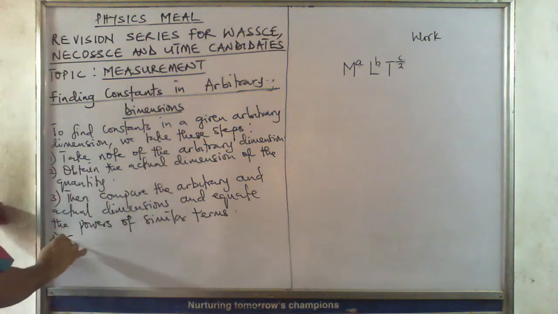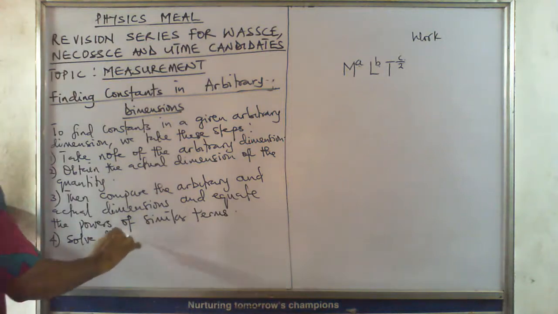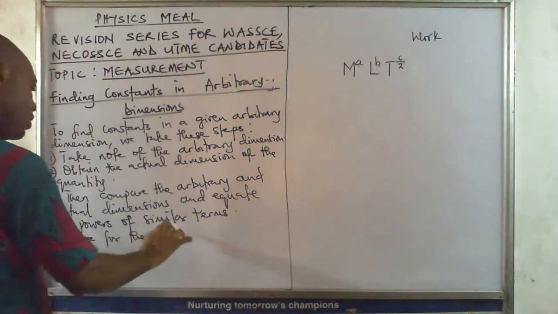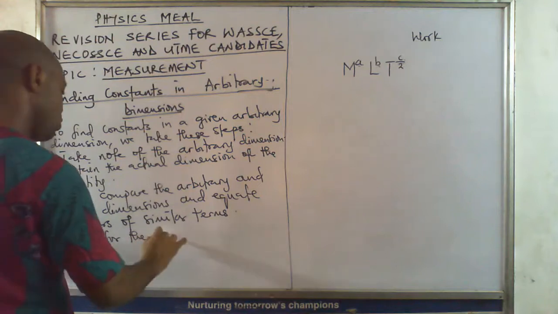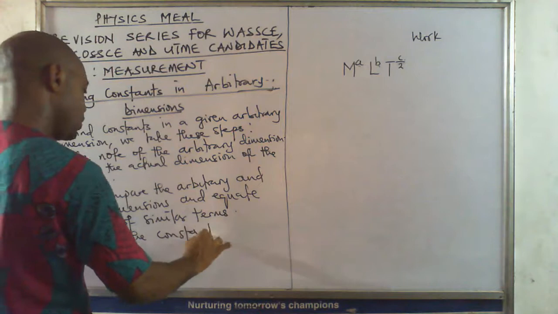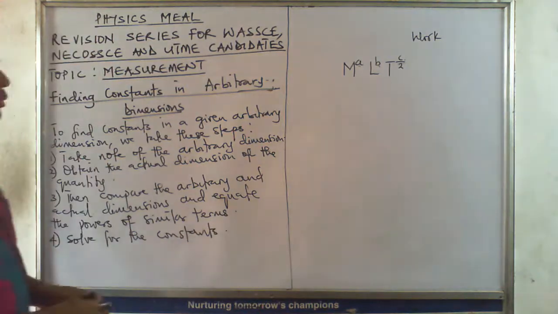Then finally solve for the constants or the unknowns, because those constants are unknown.